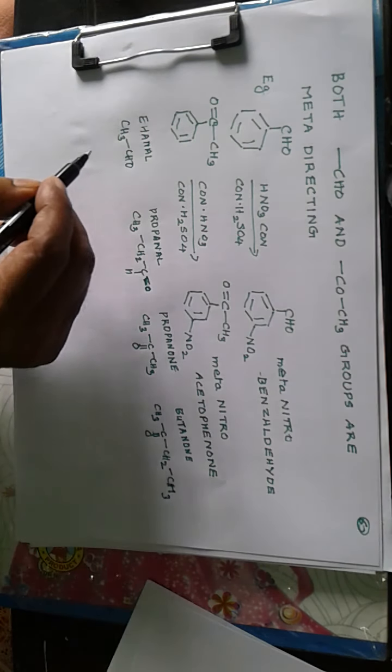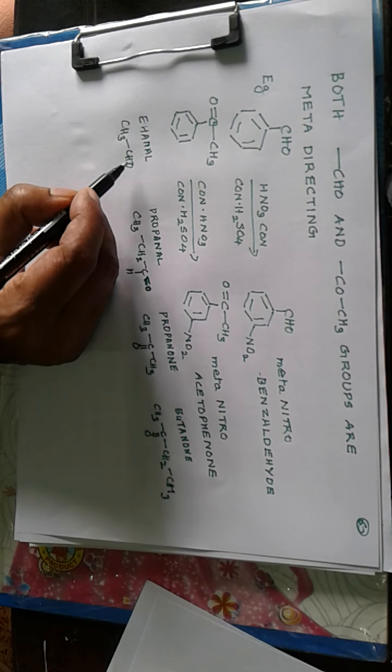Now in acetaldehyde there is only one methyl group, the other group is hydrogen. It is exerting no steric effects. Hydrogen is a small group, so there is no steric effect from hydrogen, but methyl can exert steric effects, and again methyl can exert a plus I effect.